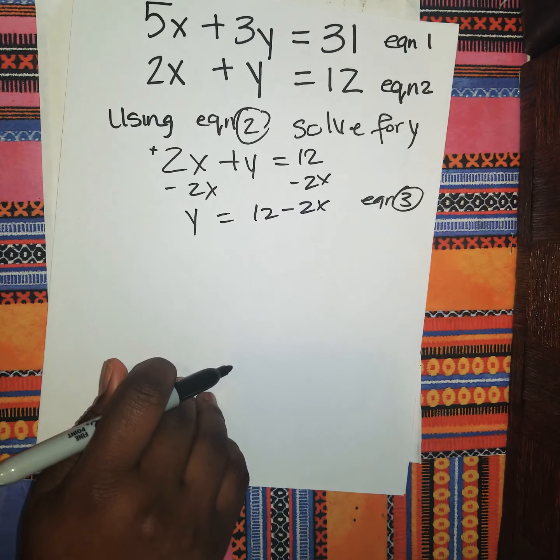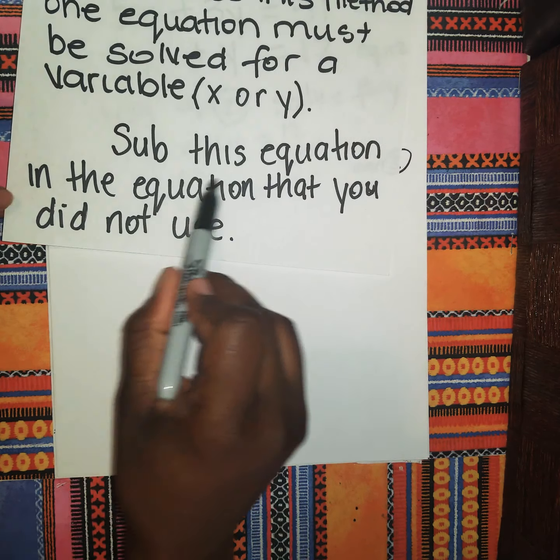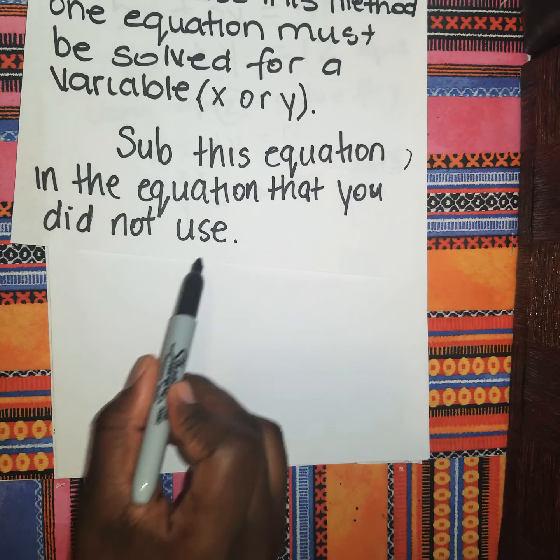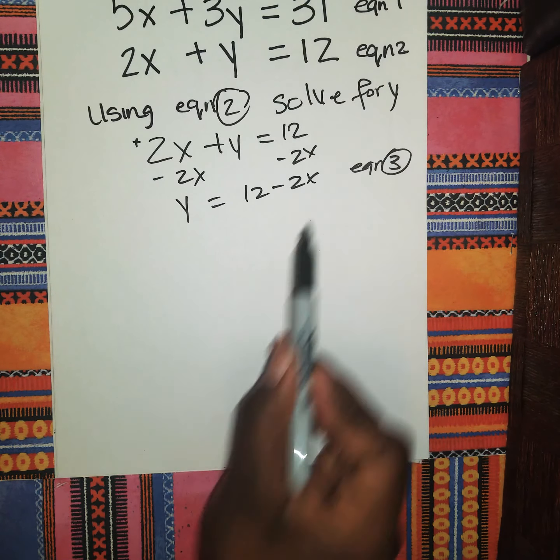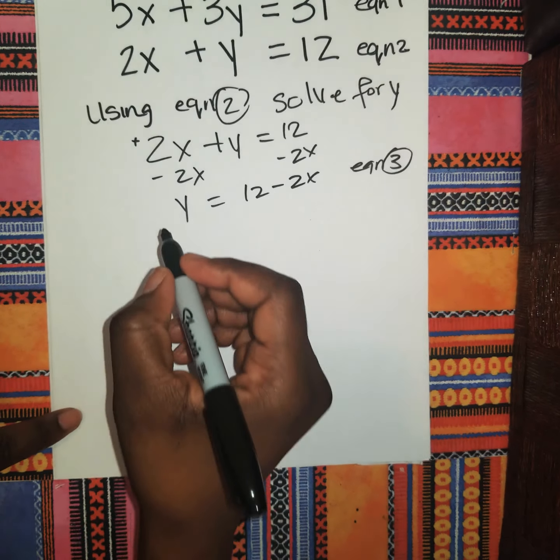Upon doing this, you do the next step, which says you're going to substitute this equation into the one you did not use. Since we used equation 2, we cannot replace y equal 12 minus 2x into equation 2. We have to use the one we did not use, which is equation 1.